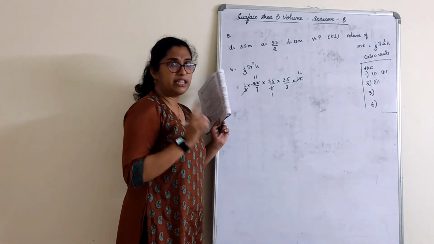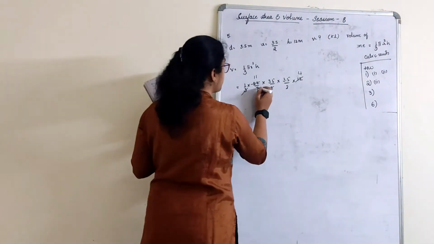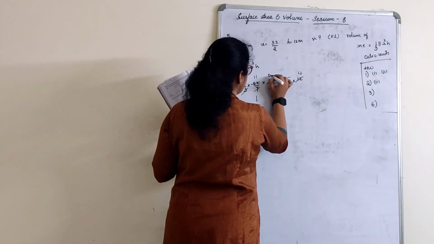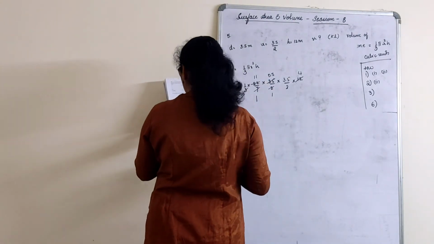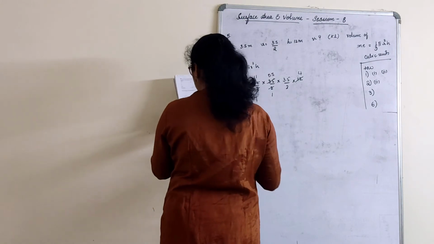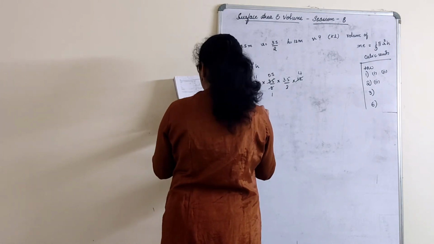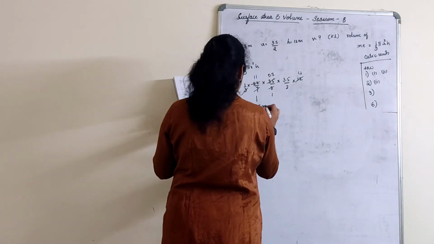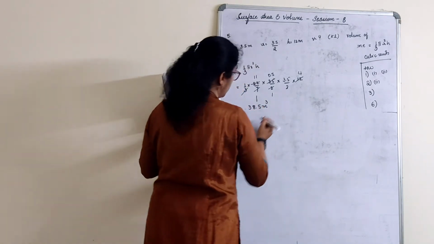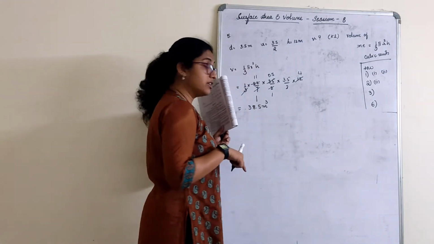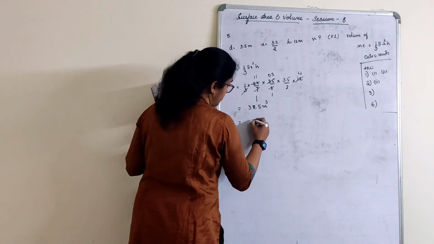Do all these calculations and cancellations in pencil. 7 ones are 7, 7 fives are 35. So when you multiply this, you get the answer as 38.5 meter cube.